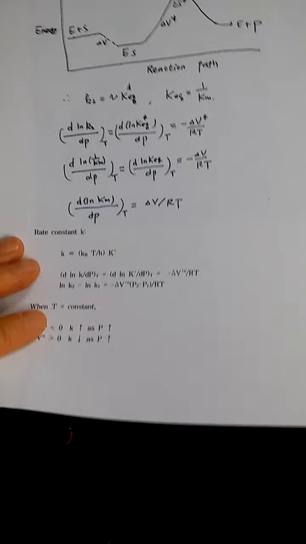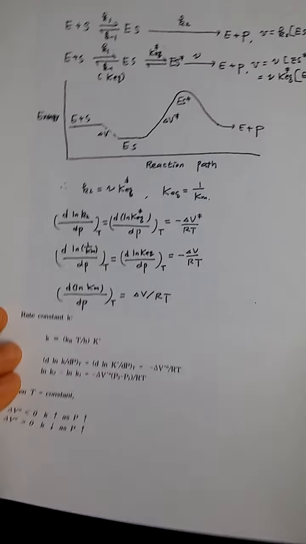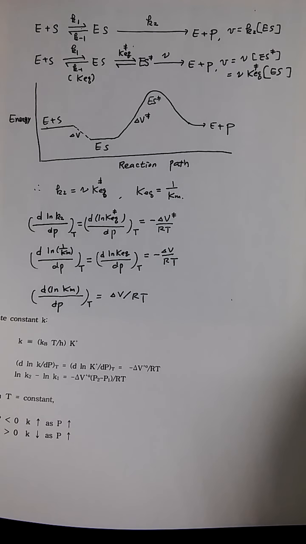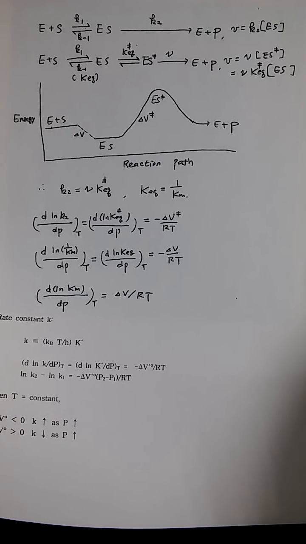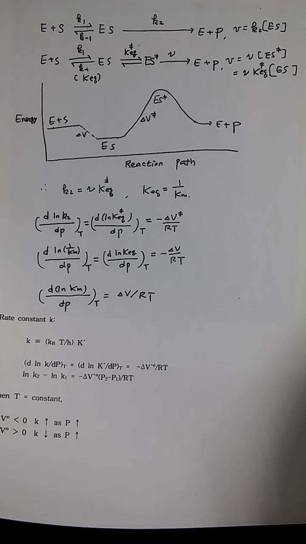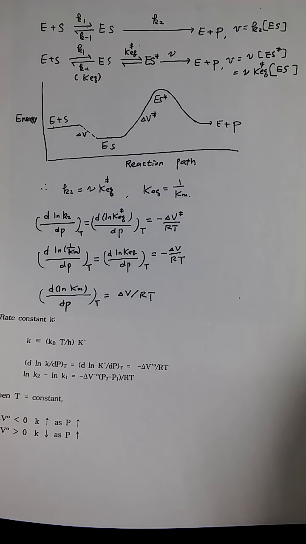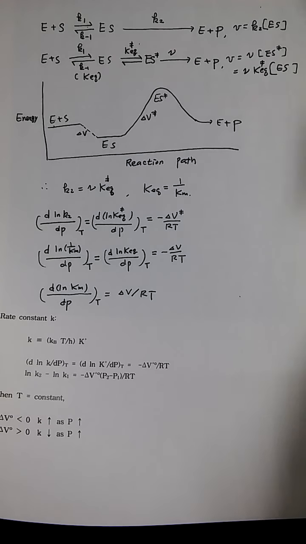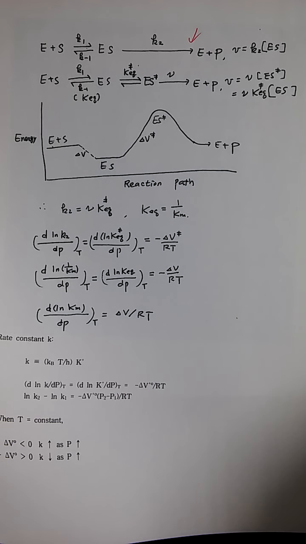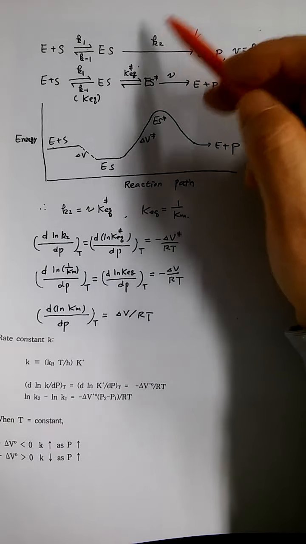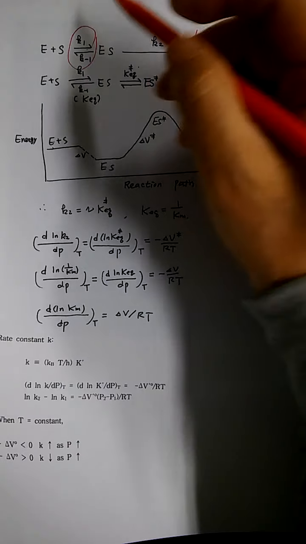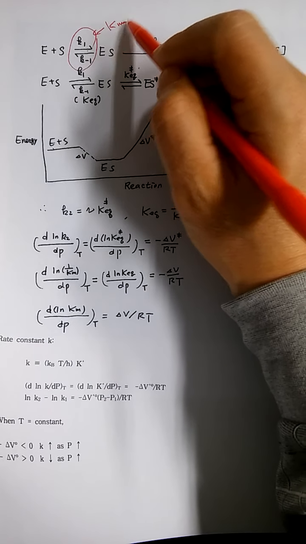So we see what equilibrium constants are included in enzymatic catalysis. We have two equilibrium constants associated with enzymatic catalysis. This is the normal Michaelis-Menten type reaction mechanism for an enzyme, and we have one reversible step where Km is associated.